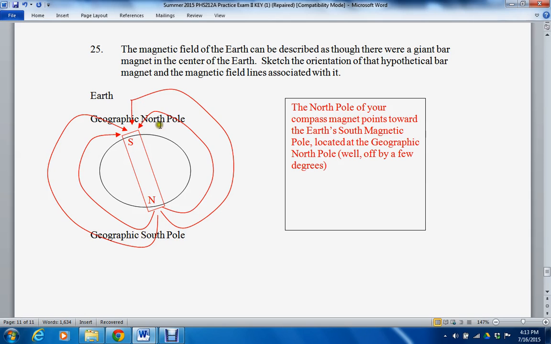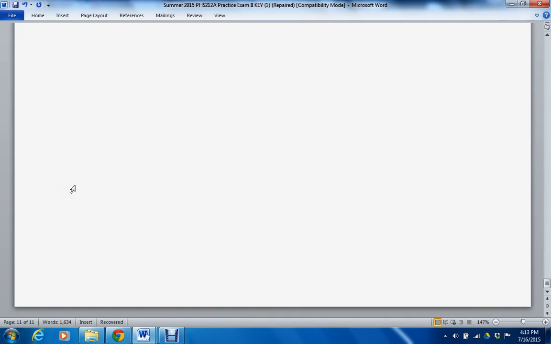So it's off by a few degrees from the actual North Pole, but my bar magnet would look something like this with the magnetic field lines. And then we would see aurora borealis, other effects of charged particles being trapped in the magnetic field lines because they're concentrated at the poles. We don't notice it up in the sky above us so much because we don't have concentrated magnetic field lines.